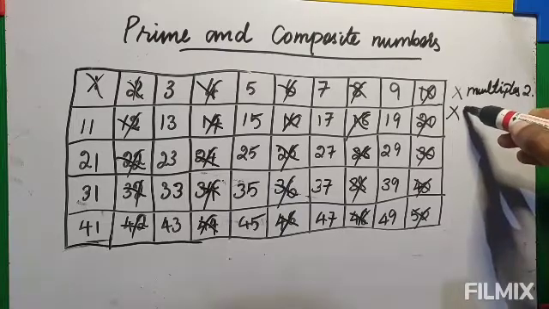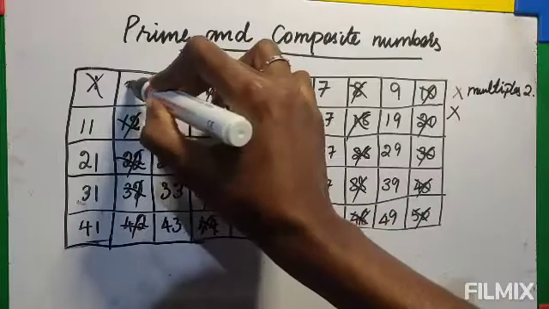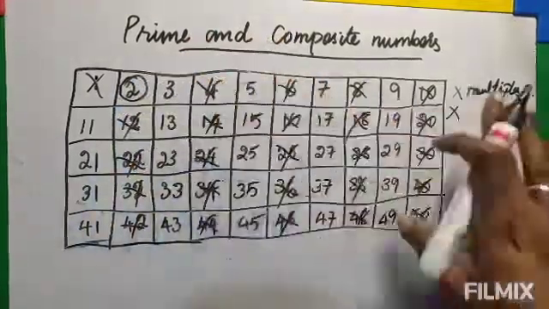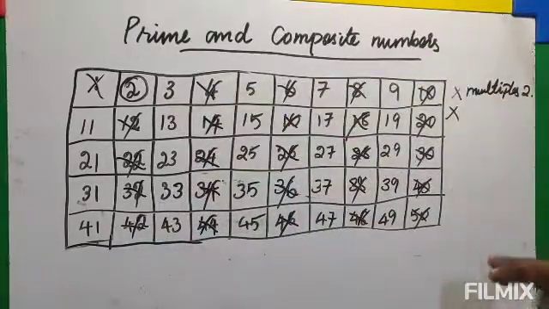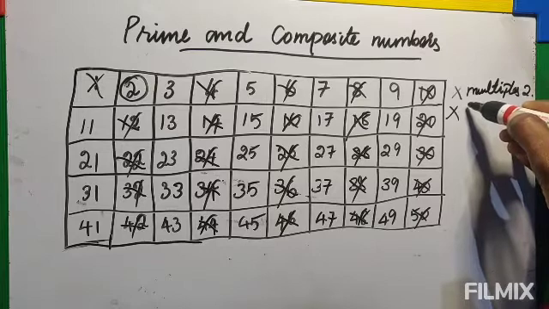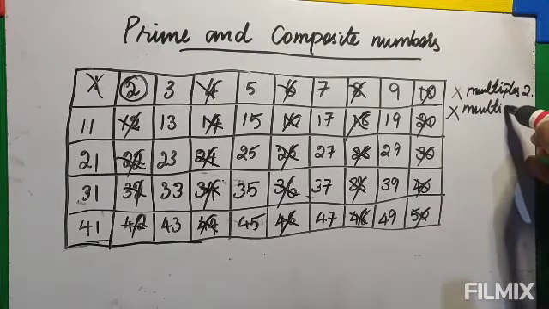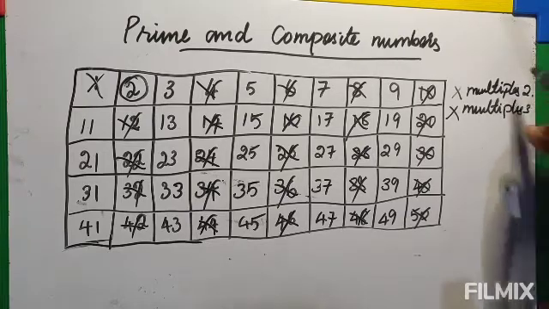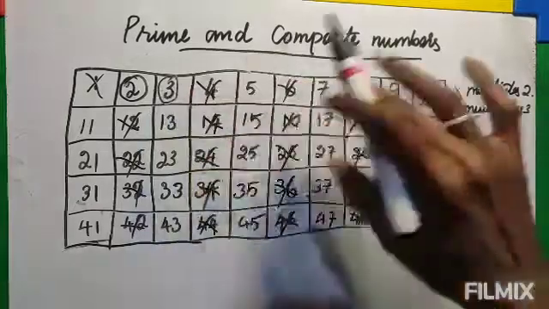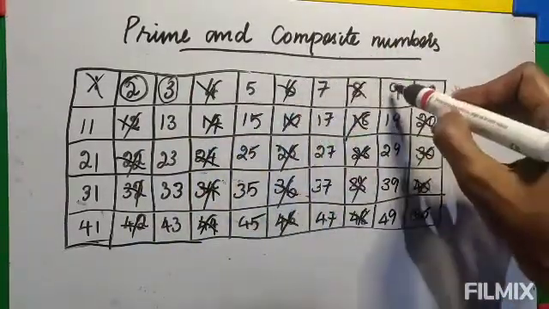Sorry, we should not cross 2. So we circle 2 and cross out all the other multiples of 2. Now we circle 3 and cross out all the other multiples of 3. Already 6 is crossed out.